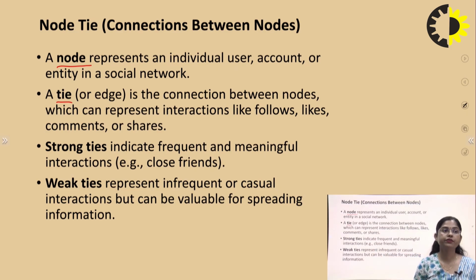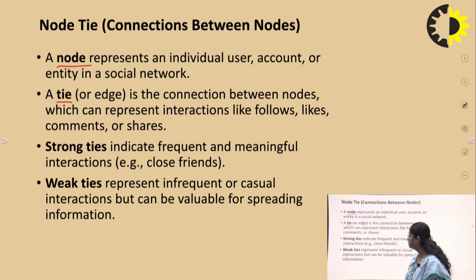Next is strong tie and weak tie. How do we differentiate between the strong tie and weak tie? A strong tie indicates frequent and meaningful interaction, for example close friends. A weak tie represents infrequent or casual interaction, but can be valuable for spreading information.